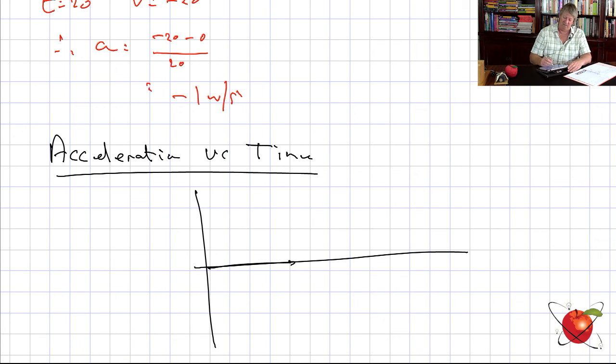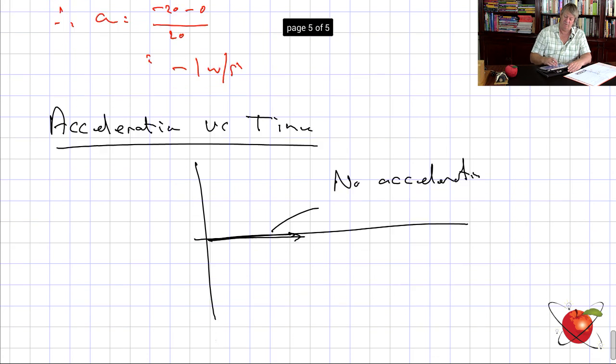Well, if it's there, I'm at zero acceleration. No acceleration. It's on the line. Okay? I'm not accelerating at all. So, I'm at constant velocity. Right? Zero acceleration.